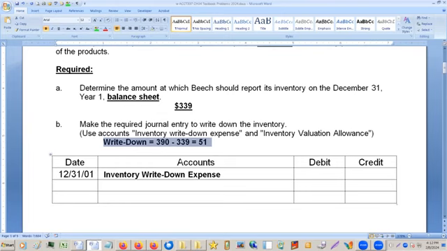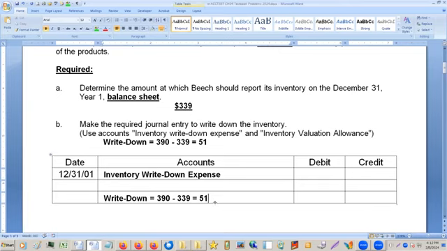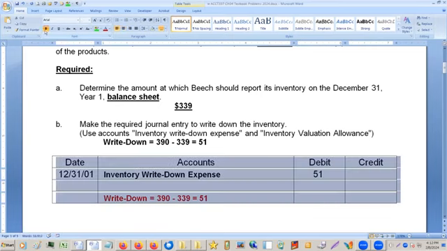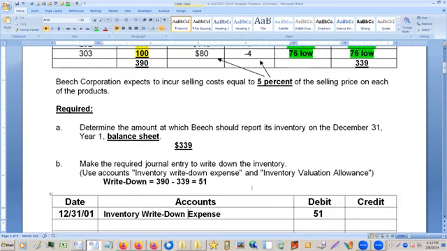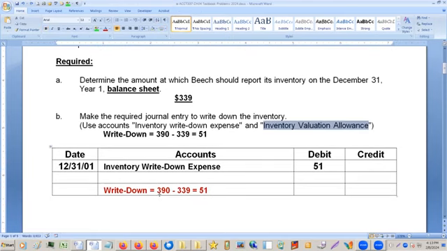I'm going to put that right down there. We'll make it red. Okay, so this will be $51 of expense. And they say to use the inventory valuation allowance. Okay, so we could just write down the account itself, but they actually give us an allowance account.